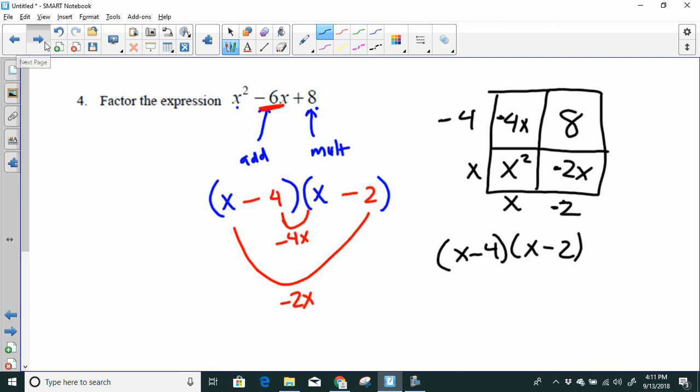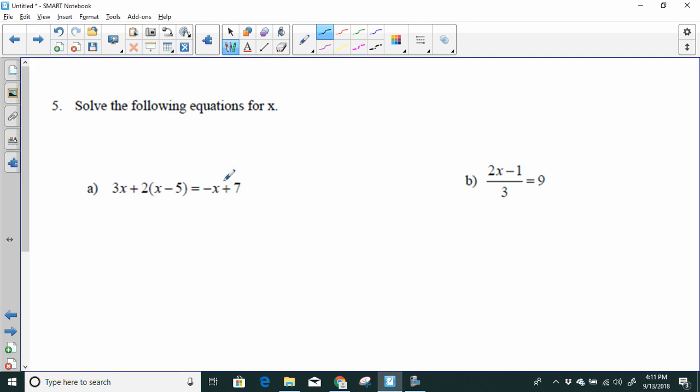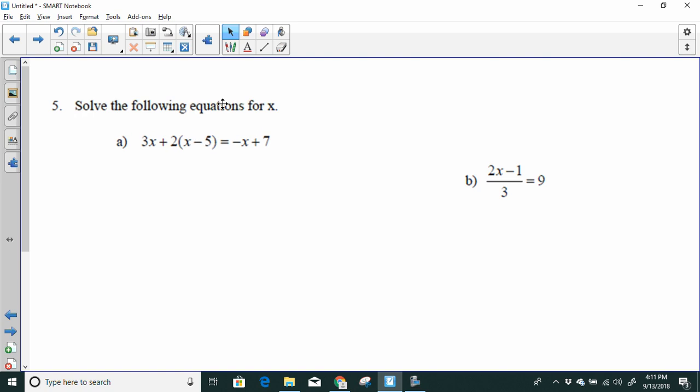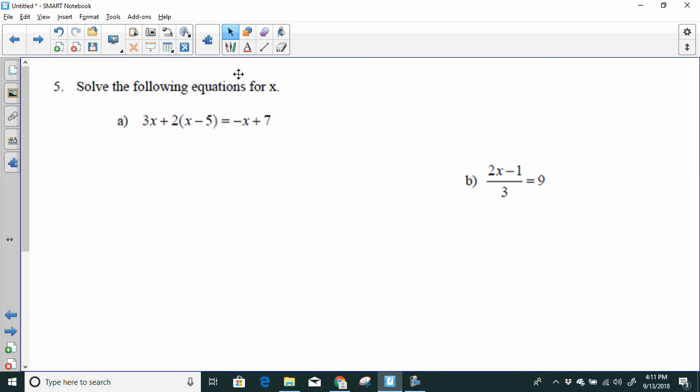Let's take a look at the next one. Solve some equations. Again, these should be review questions. Number A, we would want to do the distributive property first. Multiply 2 times x and get 2x, and 2 times negative 5 and get negative 10.